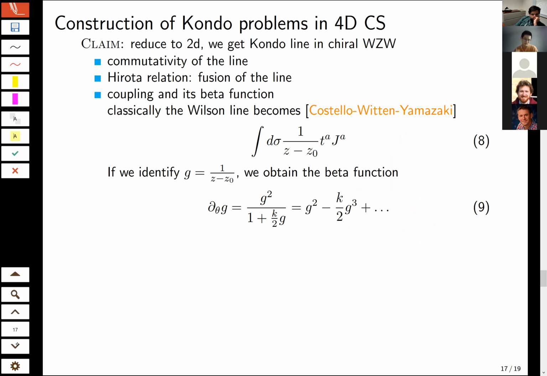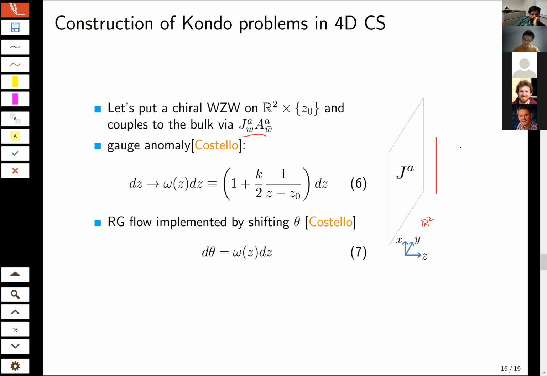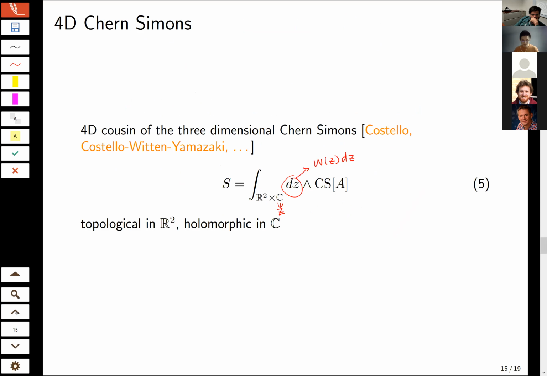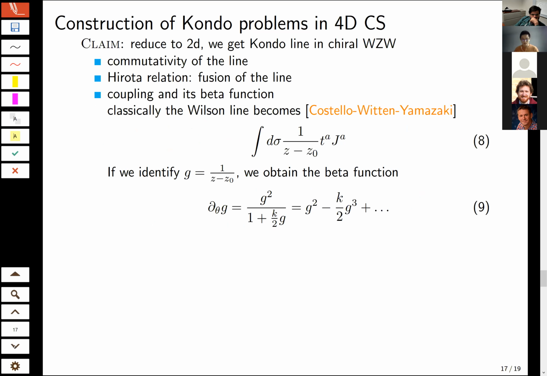For example, the commutativity of the line defects just comes from the fact that you can commute the Wilson lines in the bulk, because if you have a second Wilson line here, they are located at different positions along the holomorphic direction, and you can commute them without any difficulties. Oh, sorry, the Hughes relation is basically coming from the fusion relations of the Wilson lines in the bulk.